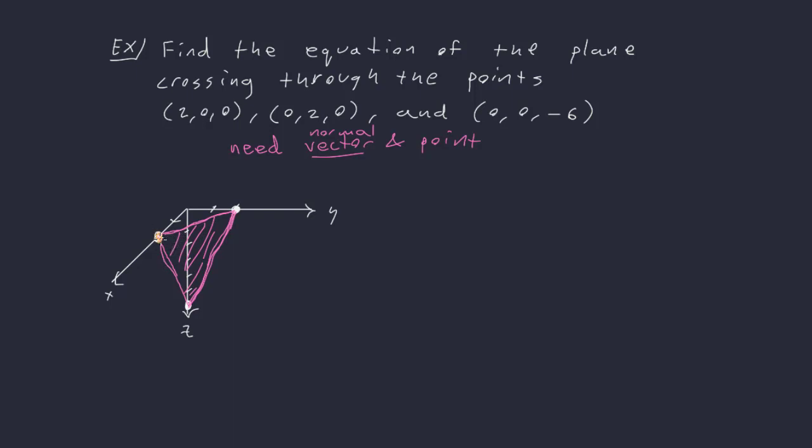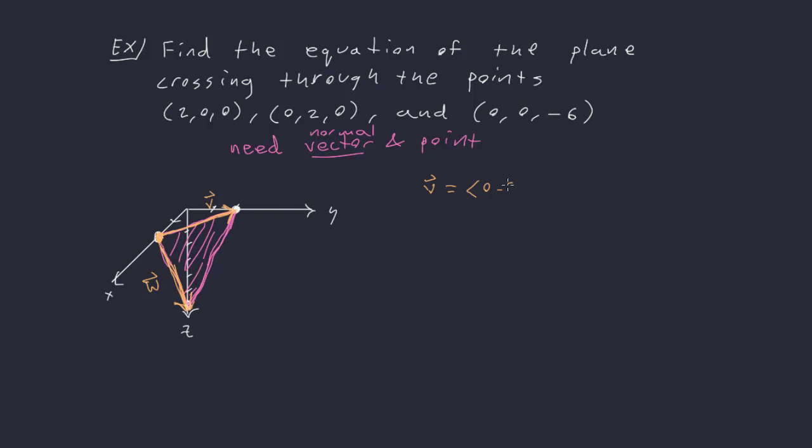Okay? And since I have some points here, I'm going to make this vector, say the vector that goes from 2, 0, 0 to 0, 2, 0. So let's call that V. And we can make our next vector, let's make it the vector that goes from 2, 0, 0 to 0, 0, negative 6. All right, let's call that W. So V is going to be the vector going from 2, 0, 0 to 0, 2, 0.